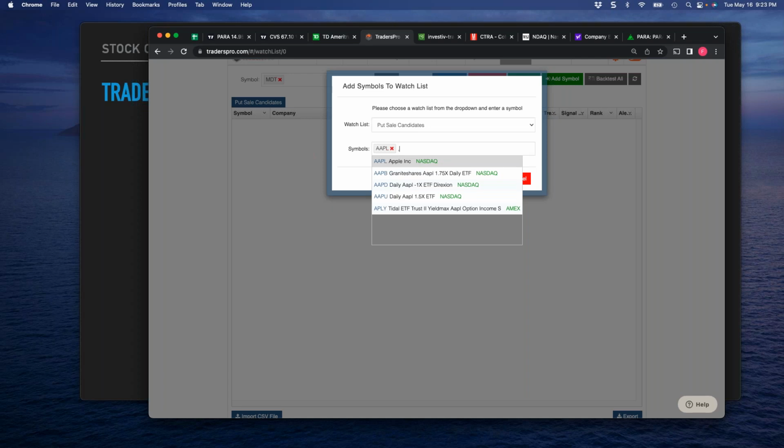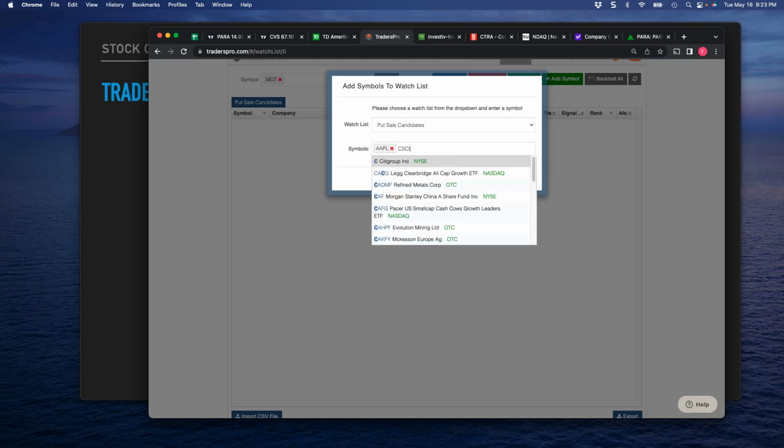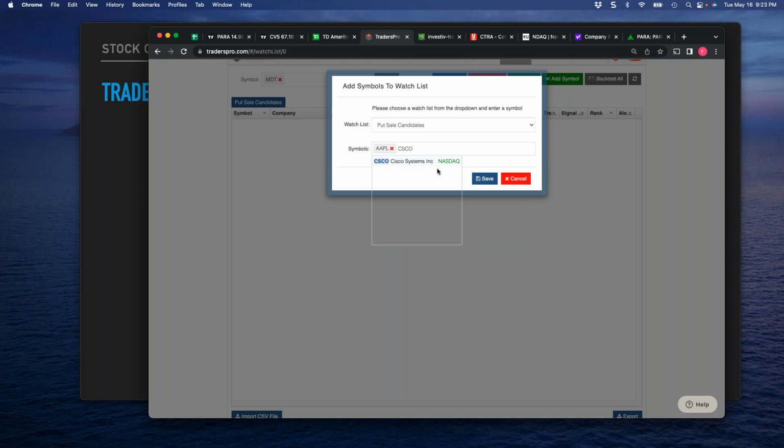Make sure that you selected the symbol that you want to include before you type in a new one. You don't need to put in a comma, you can just type in the new symbol.